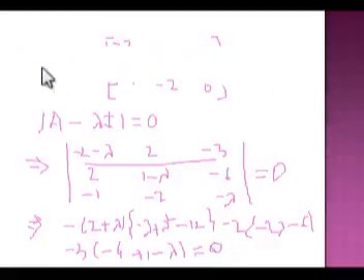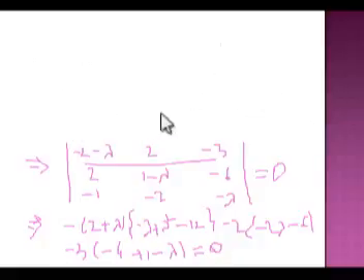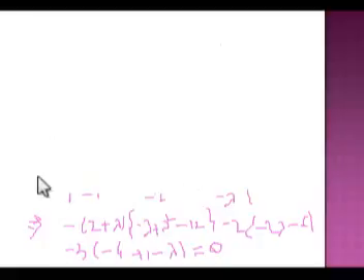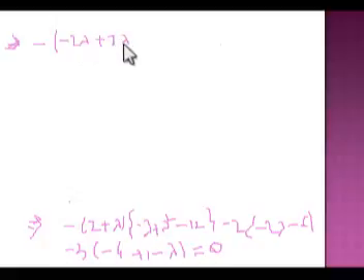Here we will get, multiplying with this, minus minus 2 lambda plus 2 lambda square minus 24.